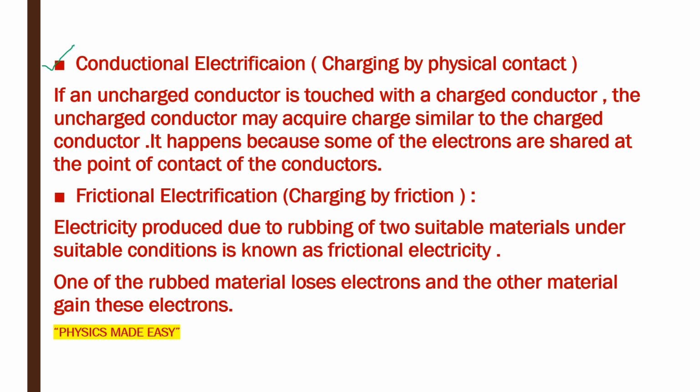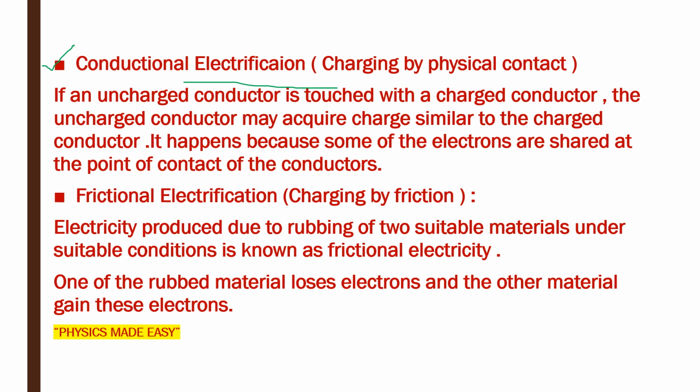The first method is conductional electrification, which means charging by physical contact. For example, if the disc of an uncharged electroscope is touched by a negatively charged rod, then what kind of charge gets transferred to the electroscope? The answer can be obtained from the method of conductional electrification.